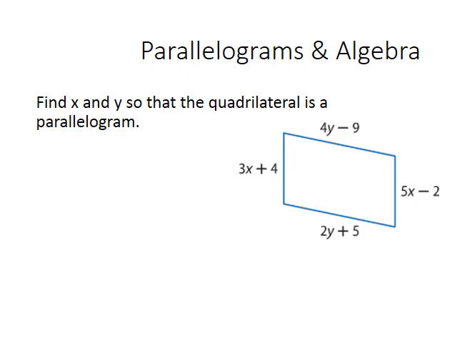Those four checks are opposite sides, both pairs are congruent, or both pairs of opposite angles are congruent, or maybe you're looking at the diagonals bisecting each other, or one pair of opposite sides being parallel and congruent on the same pair of sides. Which one of those checks are you using here to set up your equations and solve for x and y?